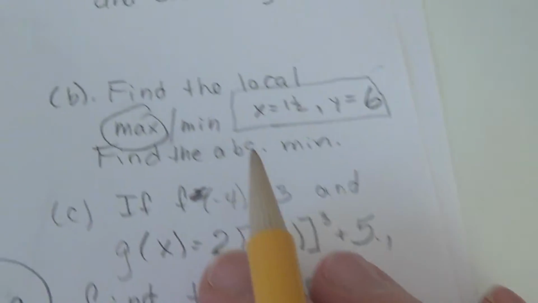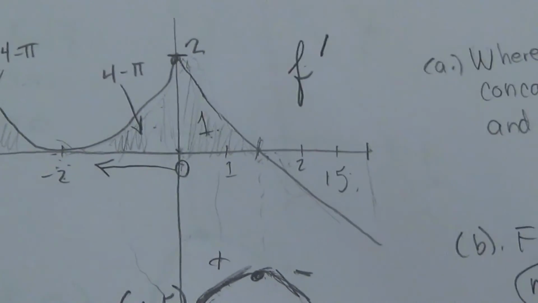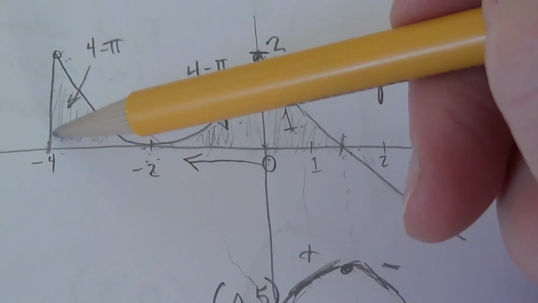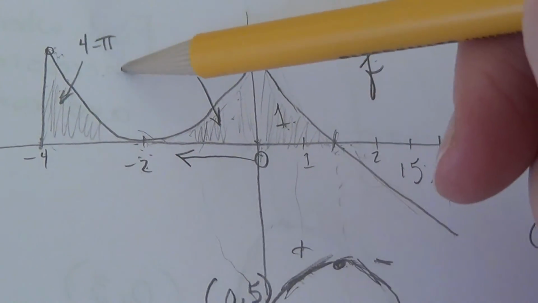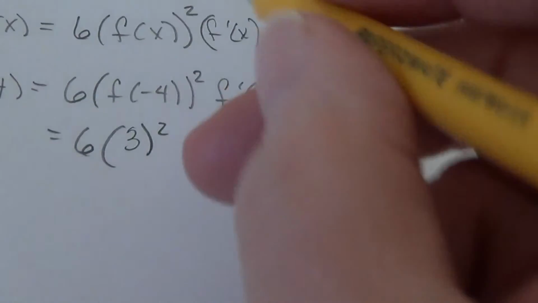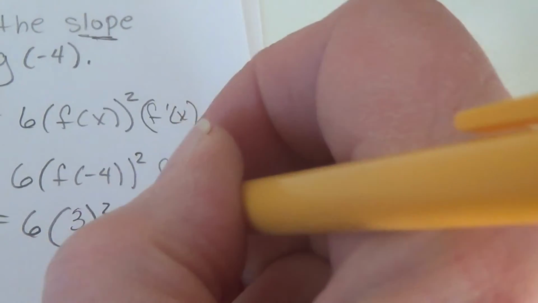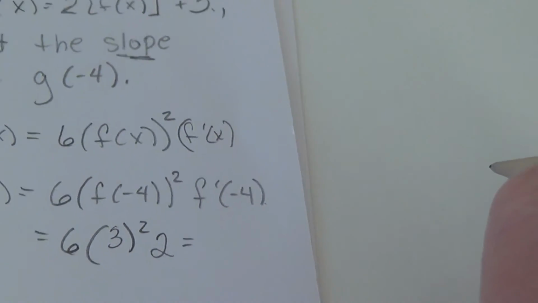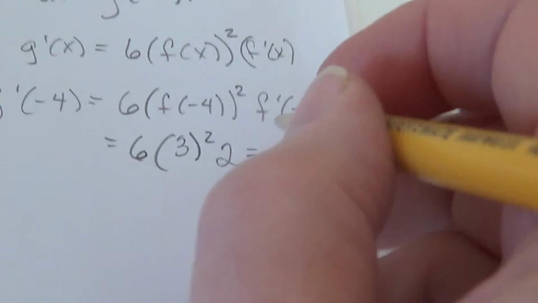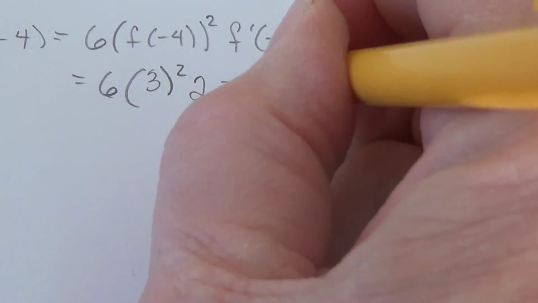It's going to come from our graph. So we go back up to our f prime function. And at -4, if we go here, what is the value there? If you check it, I believe it's 2. All right, so I'll go and put a 2 there. So we get 6 times 9, 54 times 2. And 54 times 2 is 108.